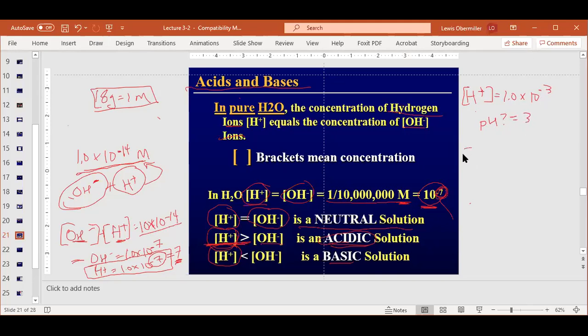And I might say, okay, you don't have a way to measure the H pluses. You can only measure the OH negatives, and that turns out to be 1.0 times 10 to the negative 8th. What's the pH?